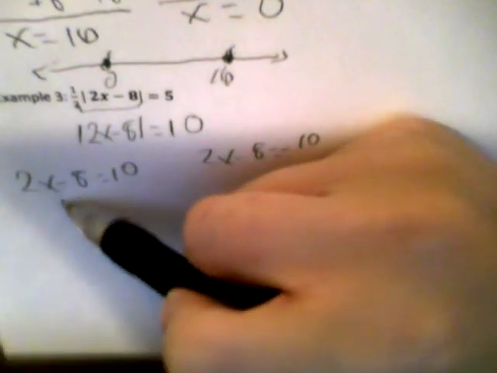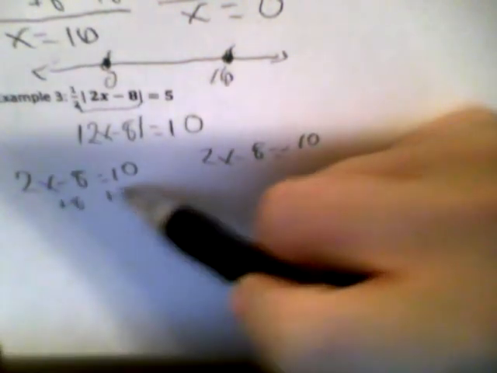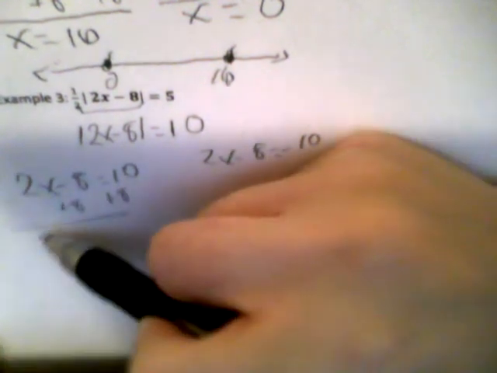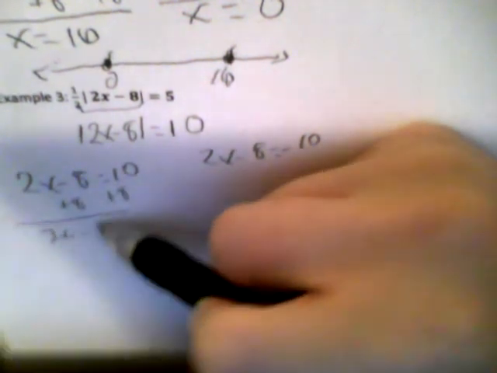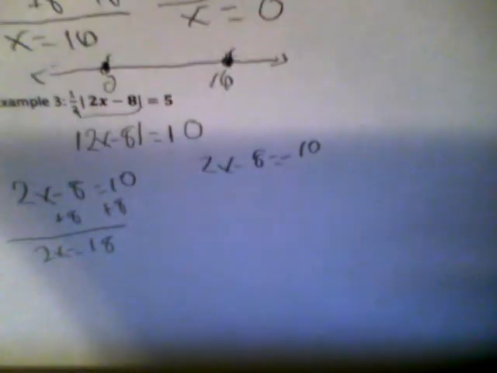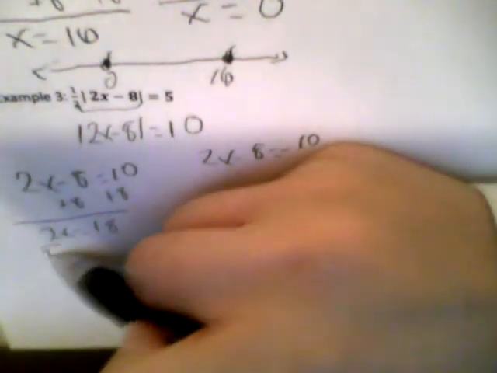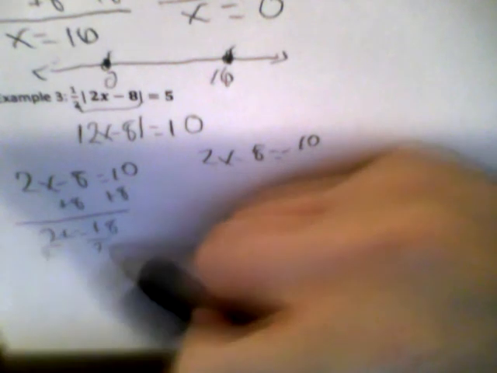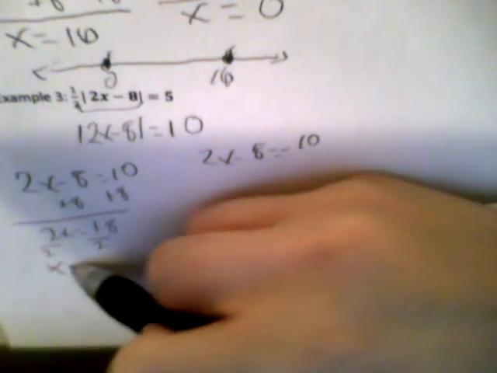So for this first one, I'm going to just add 8 on both sides, and I get 2x is equal to 18. Now I just divide both sides by 2. So my one solution is x is equal to 9.